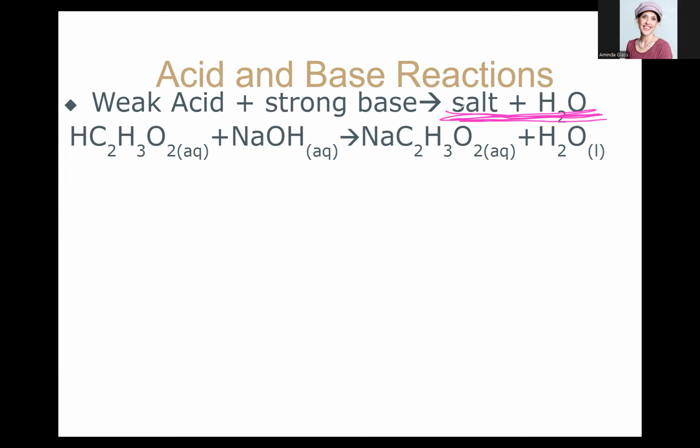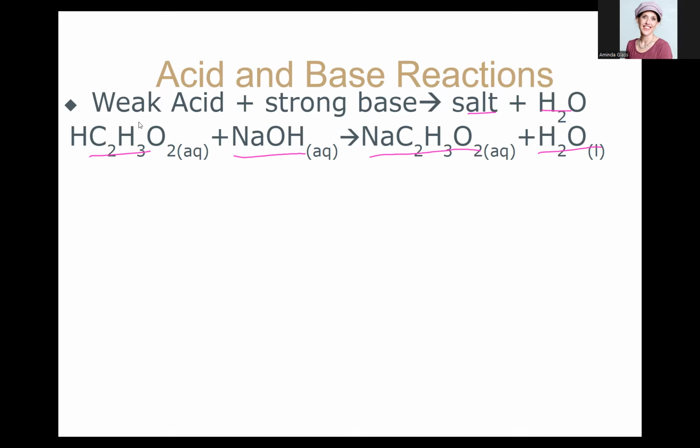It might still be acidic or still basic, but you're always going to have a salt and water. Here's an example. You have your acetic acid plus your sodium hydroxide, and this gives you sodium acetate plus water. See, you have your salt and your water still.